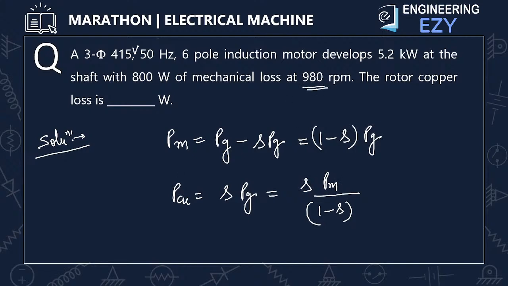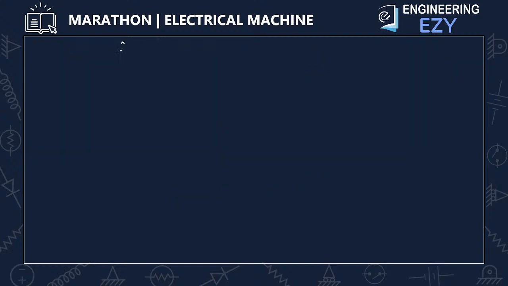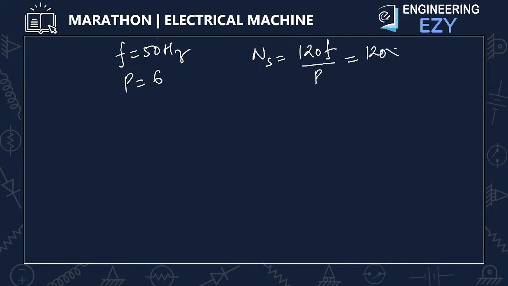Rotor speed is given as 980 RPM, so you can calculate the slip. Frequency is 50 Hertz and the number of poles is 6. Synchronous speed is 120 F upon P, so 120 into 50 upon 6, so NS is 1000 RPM.